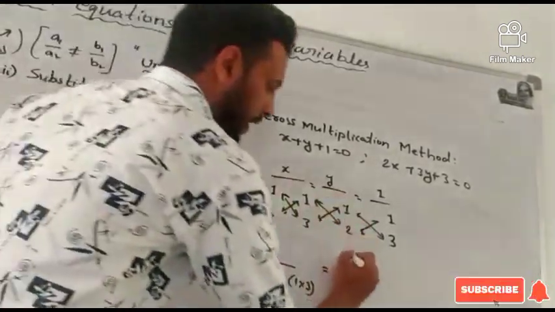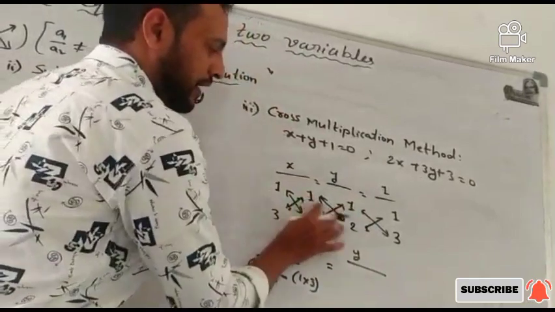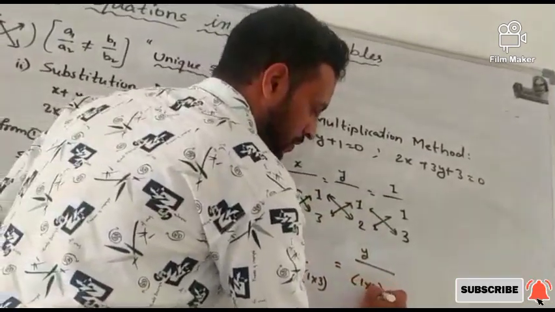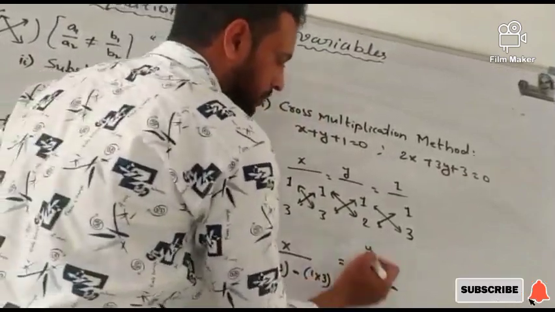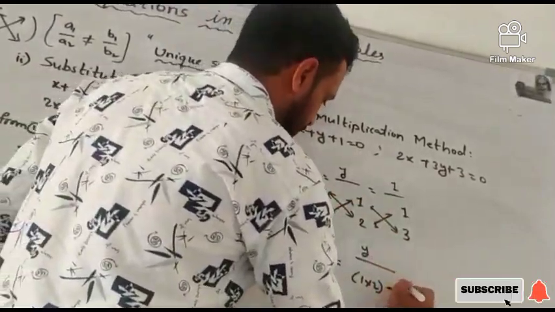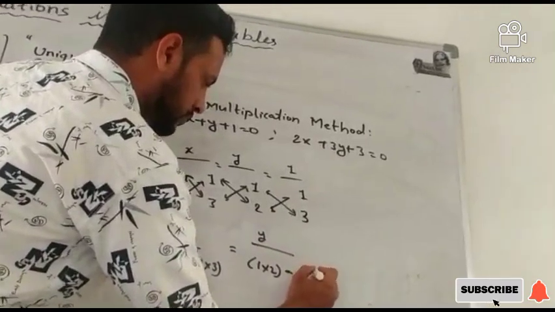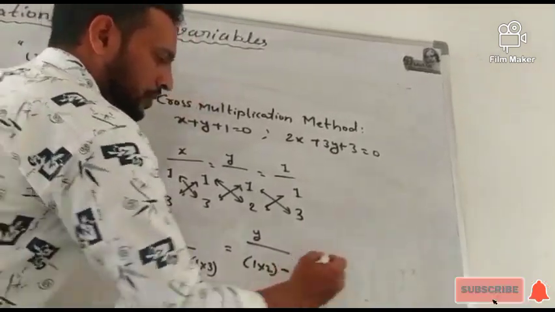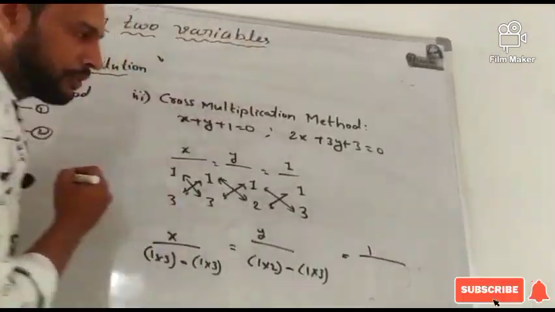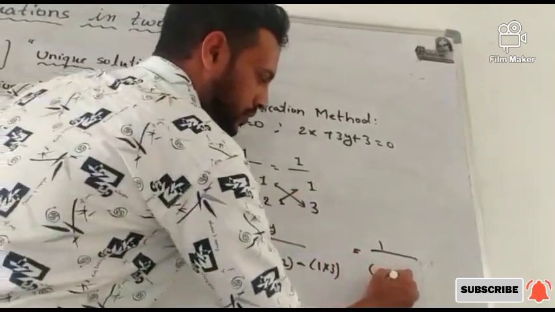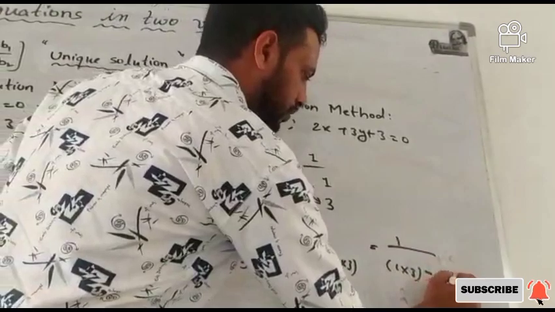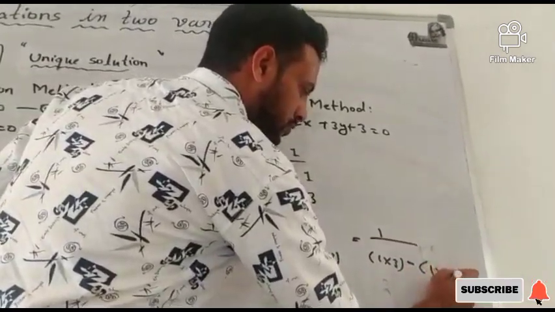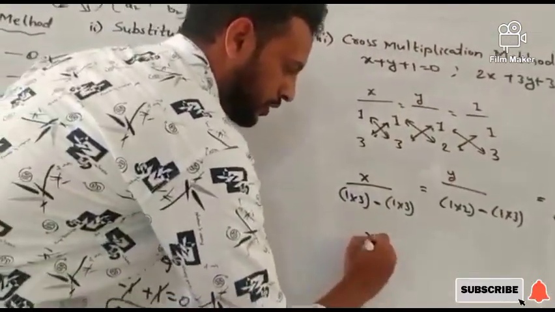In the same way, y divided by again AD minus BC, 1 into 2 minus, we have to keep minus, note this point, we have to keep minus AD minus BC, and 1 into 3. So 1 divided by again 1 into 3 minus 1 into 2. Okay, then do the calculation.